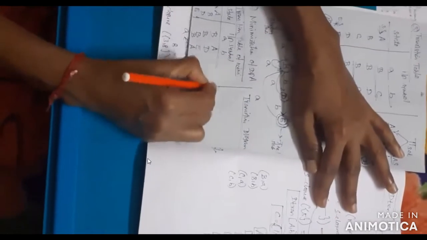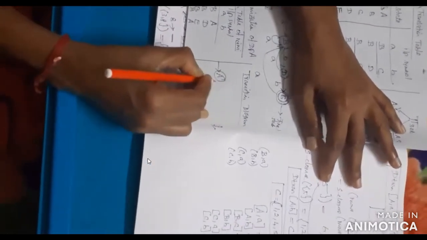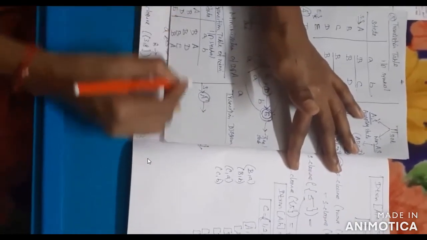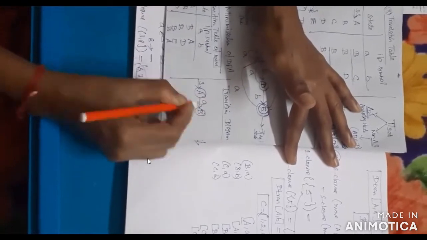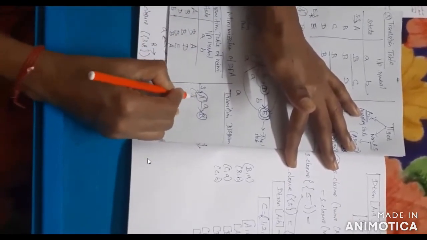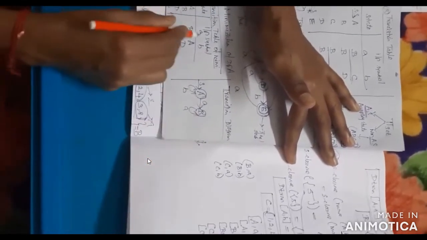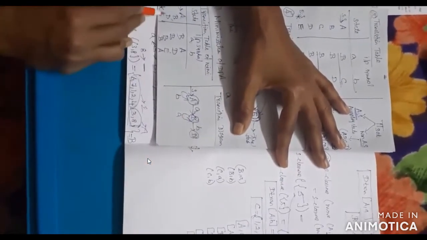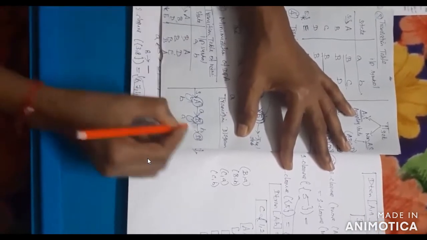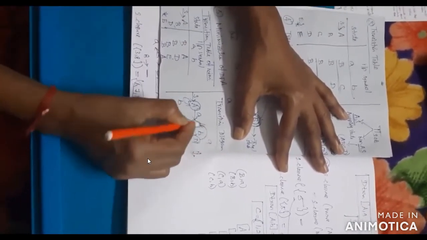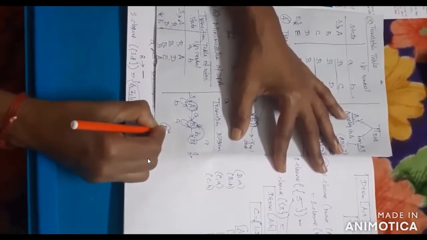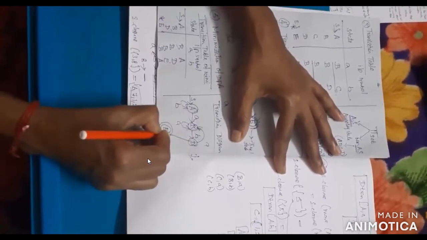The starting state A: A on a goes to B, A on b goes to A. Next, B on a goes to B, and B on b goes to D. Then D on a goes to B, and D on b goes to E. E is the final state, indicated with a double circle.